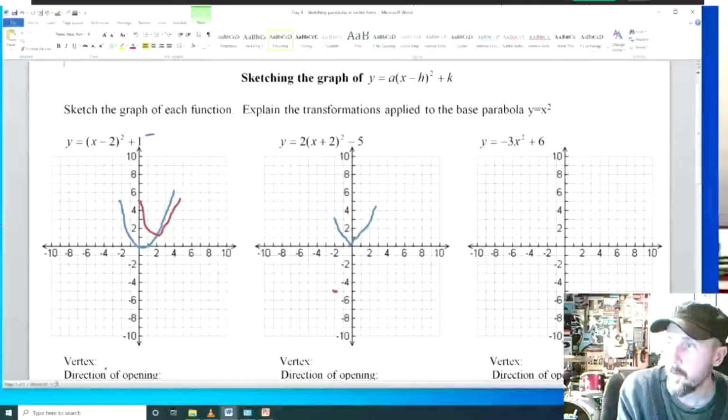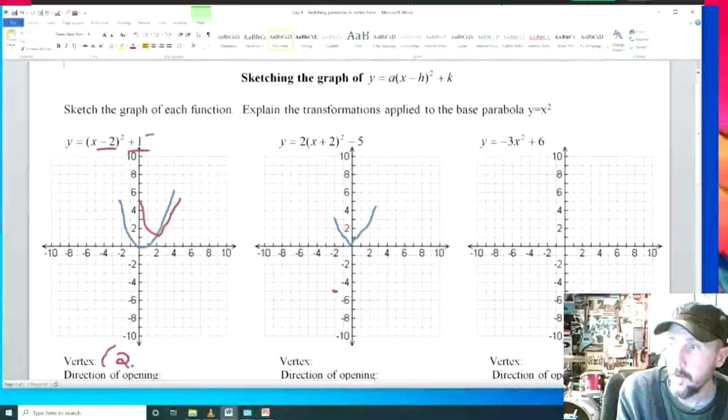Right here where it says, what is the vertex? I can get the vertex from these two numbers. If I look at this one, right 2, up 1, 2, 1 is the vertex. So if I were to write that, I would put brackets, because it's a point, 2, comma, 1.